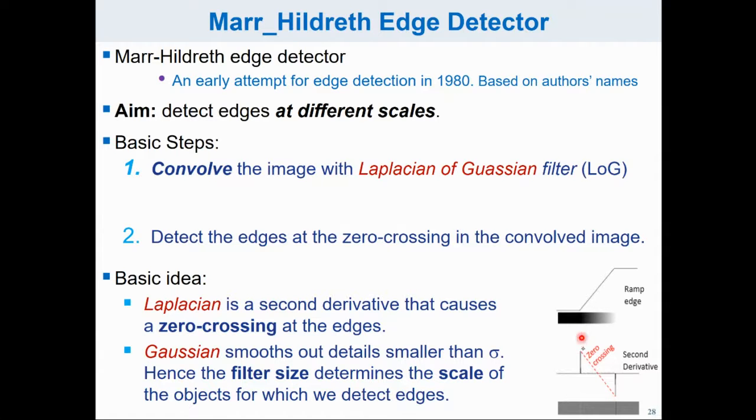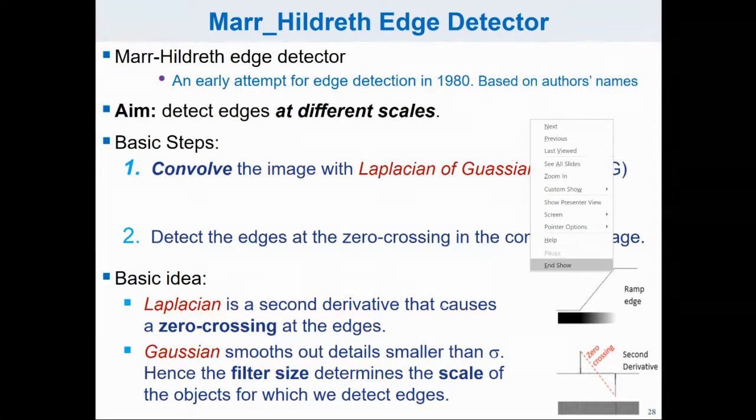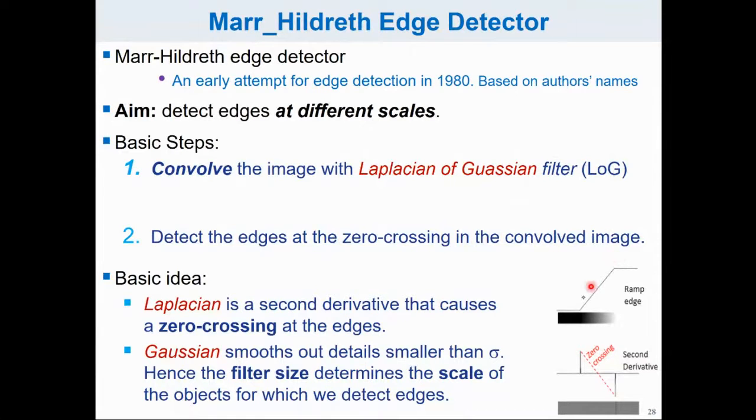And then basically I detect the zero crossing here, and that becomes the center of this thick edge. If I apply a first order derivative, if you recall, this will give me all of them as edge points. But really, I'm only interested in the zero crossing.